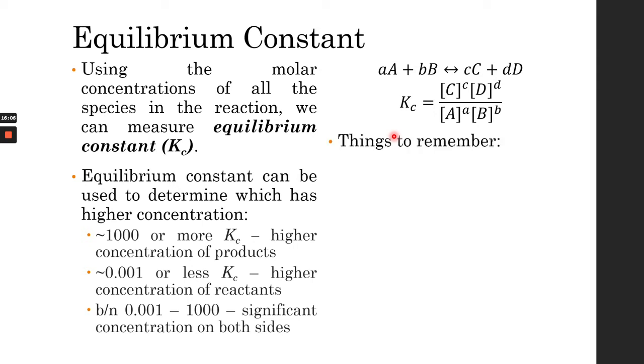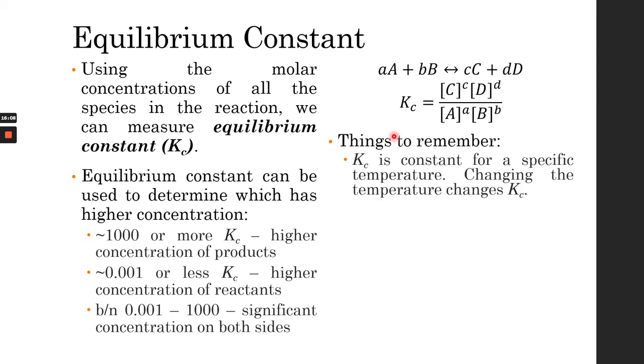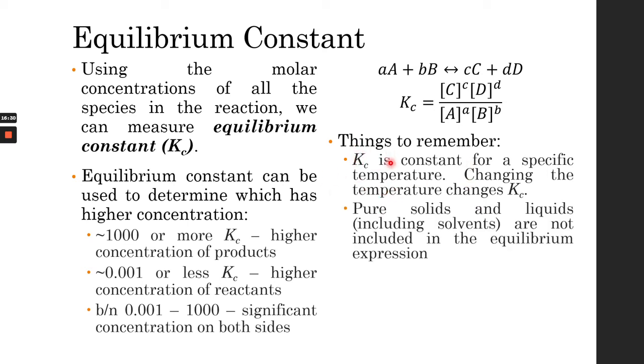Another note: the equilibrium constant is very specific to a temperature. If you change the temperature of this reaction, Kc changes. So usually the temperature should not change, because if you change the temperature, you will change your equilibrium constant.